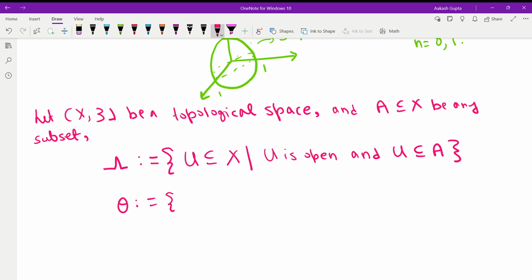So what I want to define: all F sitting inside X, what kind of subsets? F is closed and A is sitting inside F.